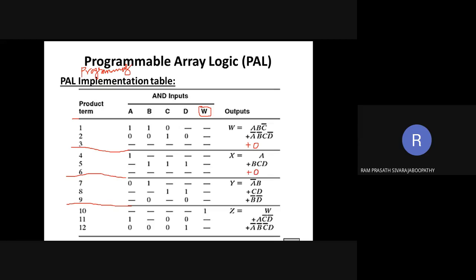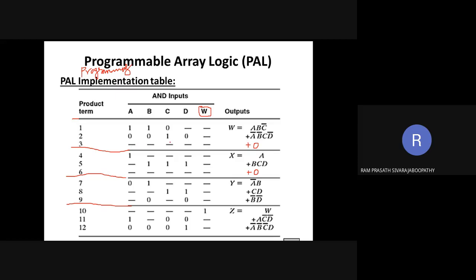Here, how we have filled the ones and zeros: if the variable is present in normal form, it is 1, and if it is in complemented form, it is 0. If a variable is absent, we have to put a hyphen. That's it. So A, B, C bar. What about the next one? A bar, B bar, C, D bar. What about the last one? 0.